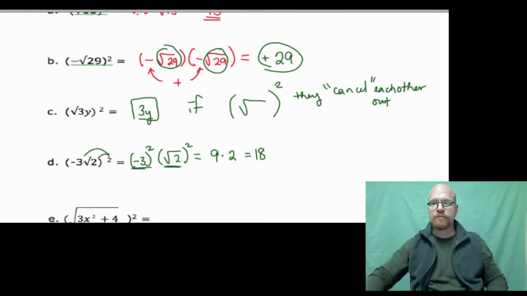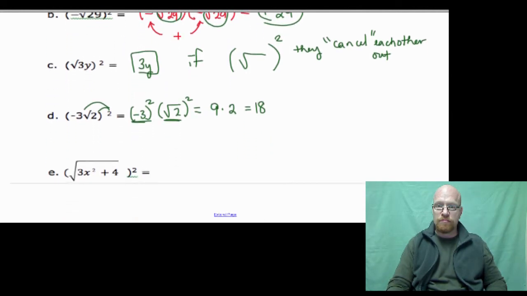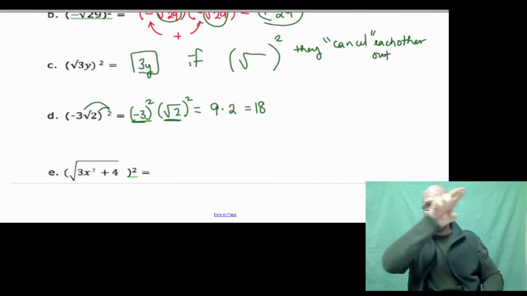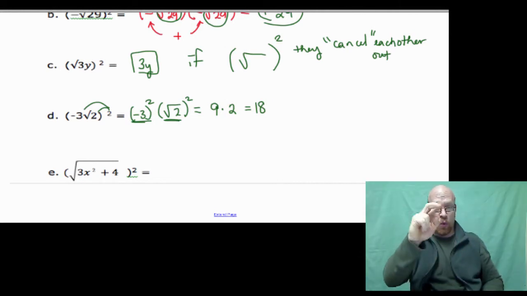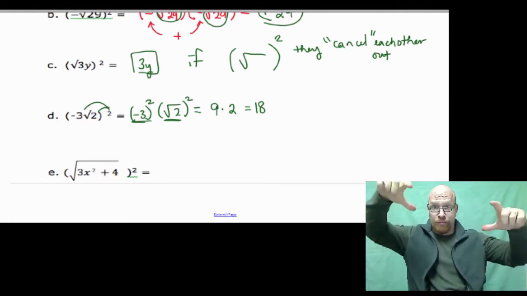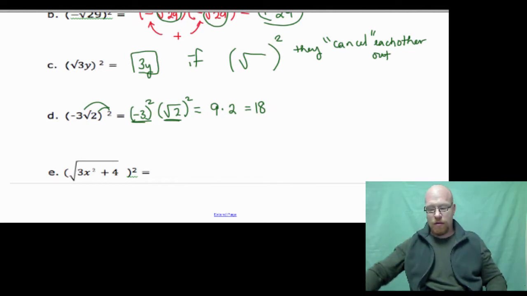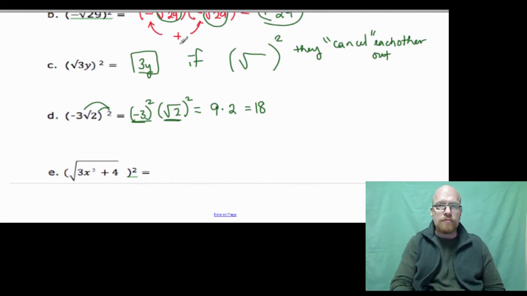Now for our last example. We have the square root of 3x squared plus 4, squared. If we're squaring a square root, they cancel out. And we simply answer with the inside there.